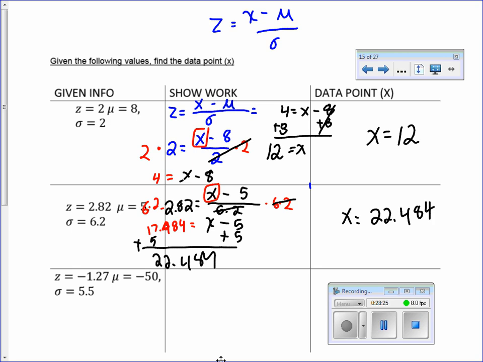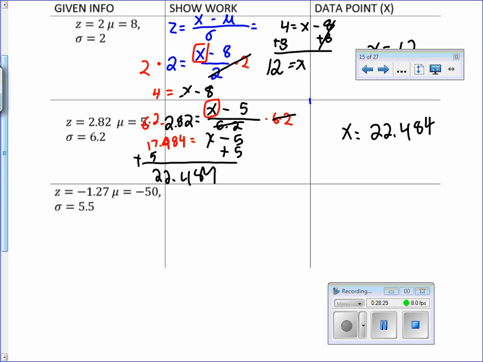On the last one, z equals negative 1.27. This equals x minus the mean, which is negative 50, divided by the standard deviation, 5.5. Remember, we're always multiplying by the standard deviation on both sides.